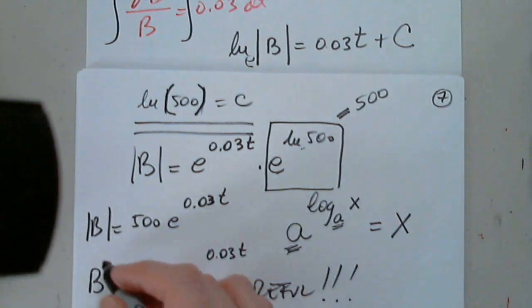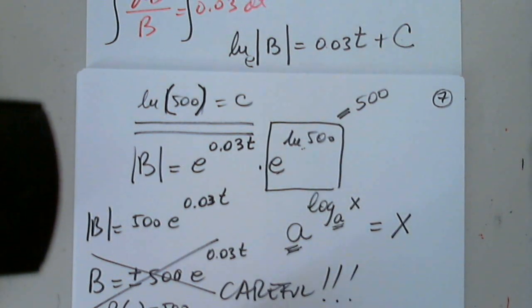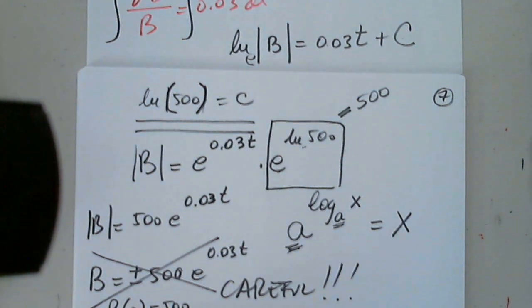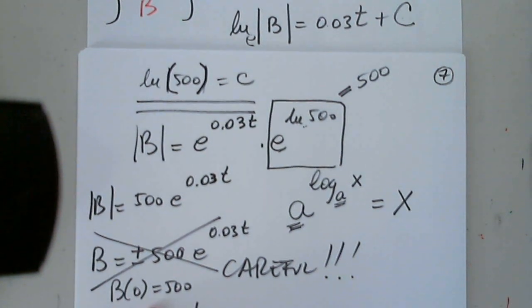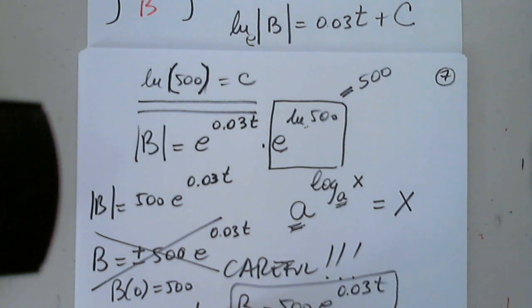So it's only positive, otherwise it would be incorrect. So b equals 500 e to 0.03 t only, not plus or minus. If I put minus, when t is 0, I get negative 500, but that's not what I was given.